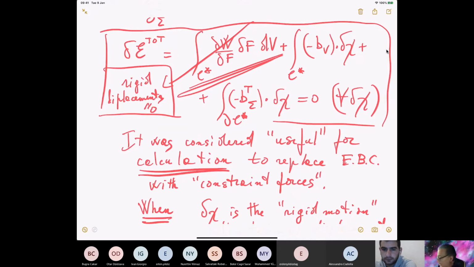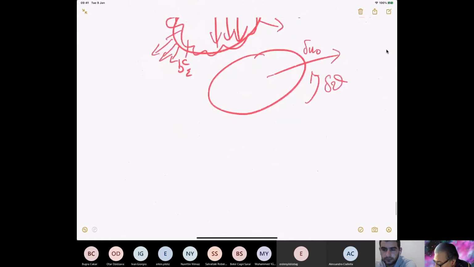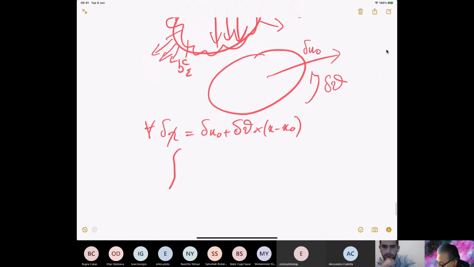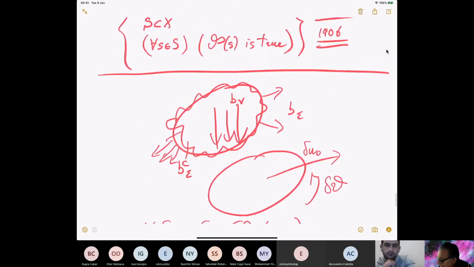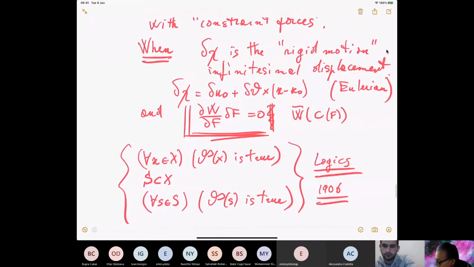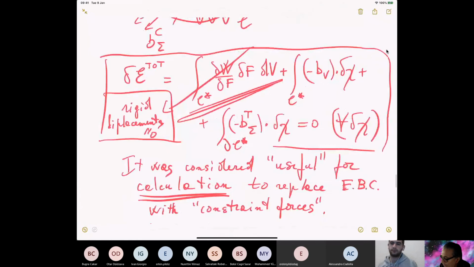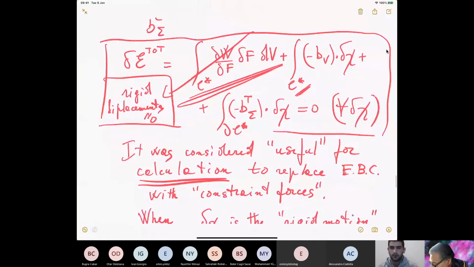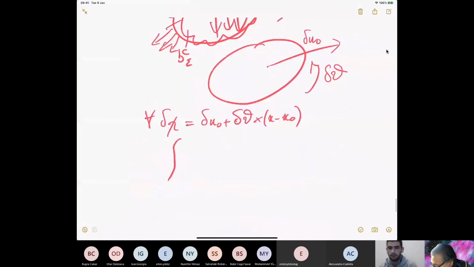So I have that for delta key equal delta U0 plus delta theta vector x minus x0, integral, instead of writing the integral on C star, I do a change of variable and I write in the actual configuration.